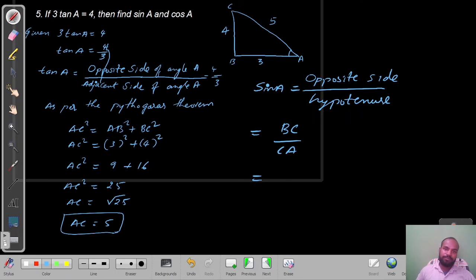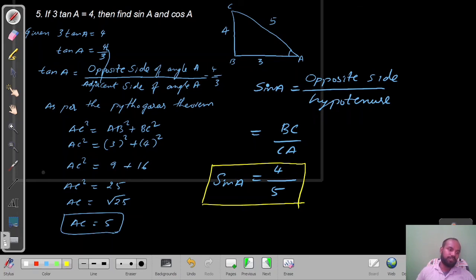BC value is 4 centimeters and CA value is 5 centimeters. So this is the opposite, this is the adjacent. Clear? So opposite is 4 and hypotenuse is 5, so your sin A value is completed.